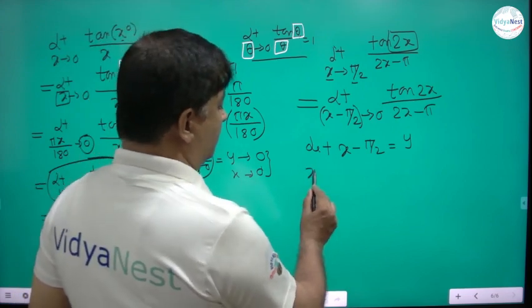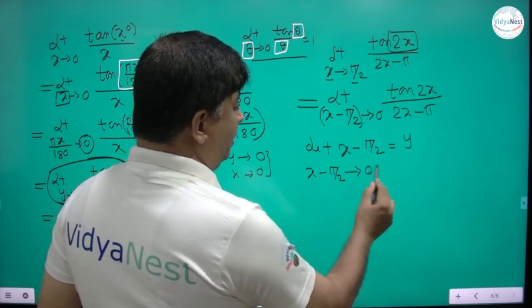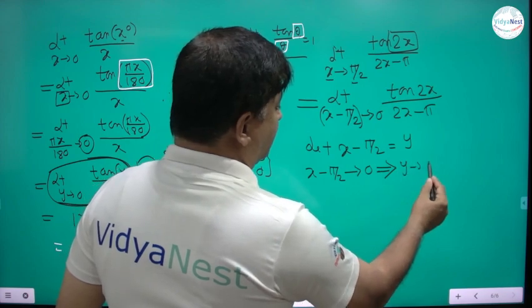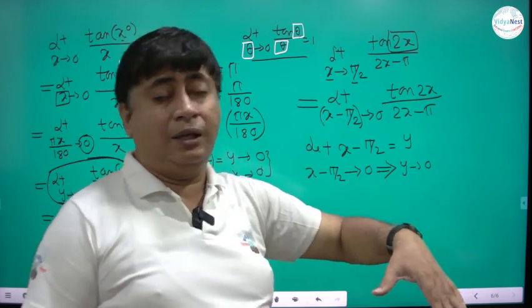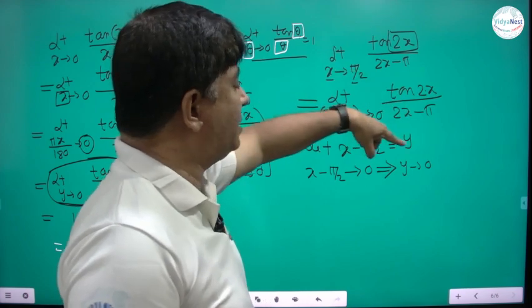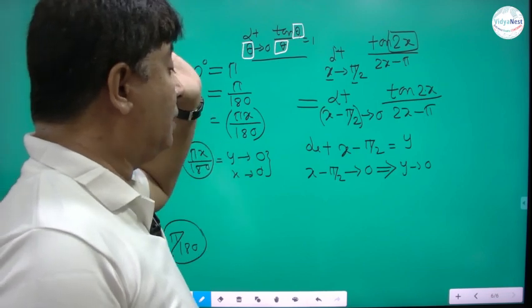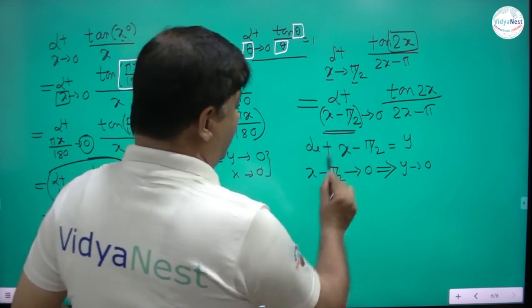Now x minus pi by 2 tends to 0 is given. It depicts what? y also tends to 0. Once the variable is shifted, in each case all x will be replaced by y, in terms of y. So I will replace this thing by y.